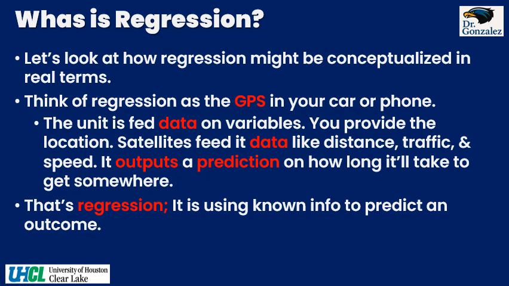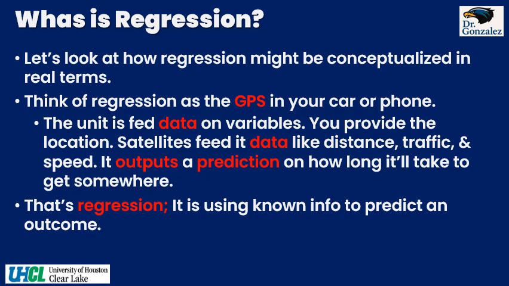Your speed is continuously being input through the gyroscopic function of your cell phone. So the satellites give it some data, you give it some data, but in the end, it puts out a prediction on how long it's going to take you to get somewhere. That's what regression is. It's using known information to predict a particular outcome.